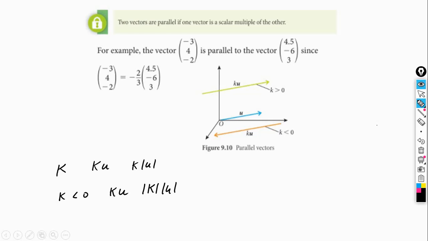This is also the condition for two vectors to be parallel, as we can see in figure 9.10. So two vectors are parallel if one vector is a scalar multiple of the other. Here's an example. The vector minus 3, 4, minus 2 is parallel to the vector 4.5, minus 6, 3, since we have this equality. In other words, this vector is a scalar multiple of the other.